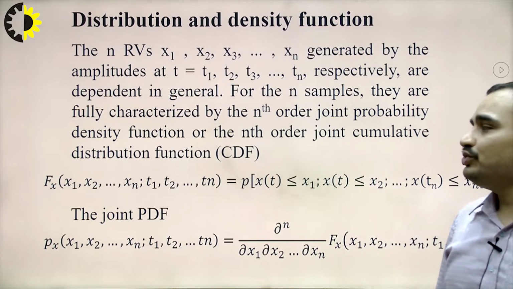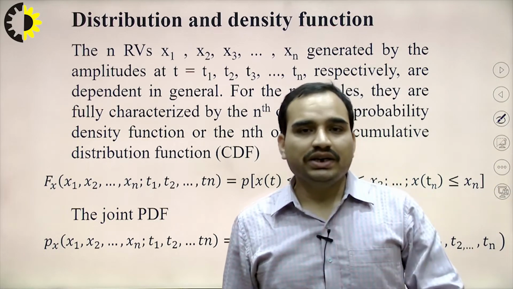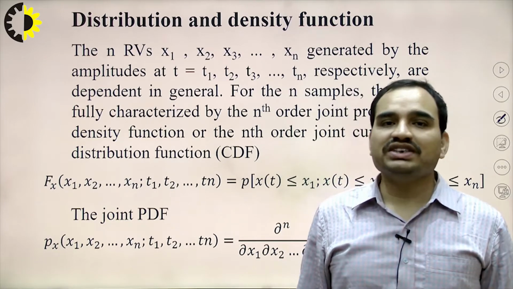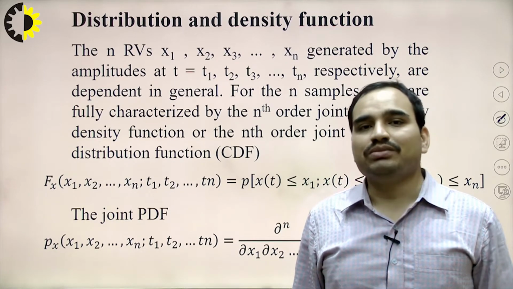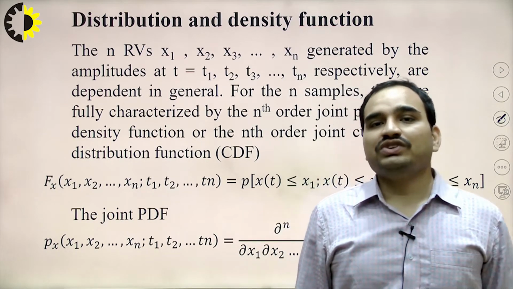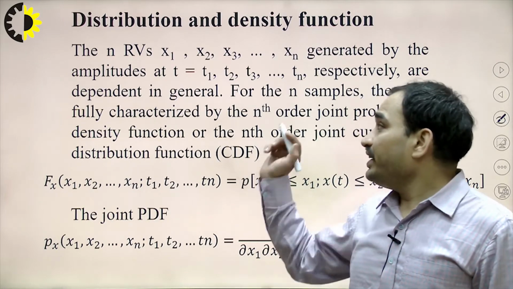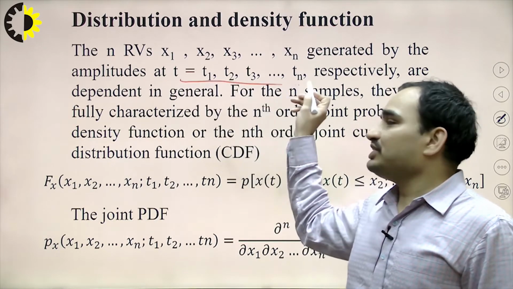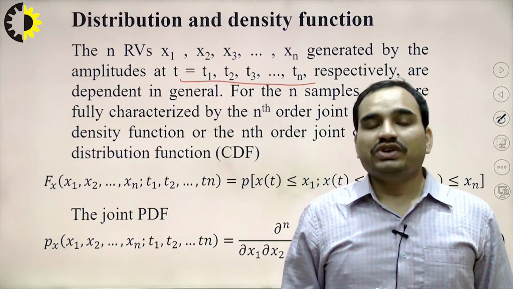Now the distribution and the density function of the random process. Whatever we have discussed for the random variable is also applicable to the random process. The density function and the distribution function which we described for the random variables vary with respect to different time instants, because here we have sampled the time with the random variable.